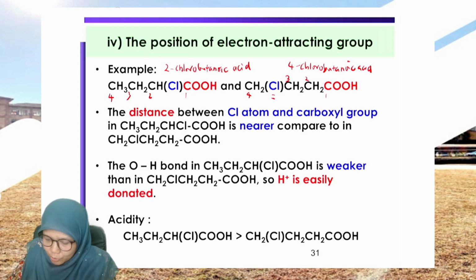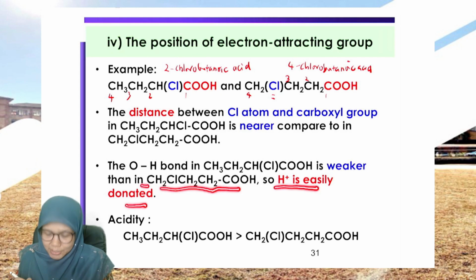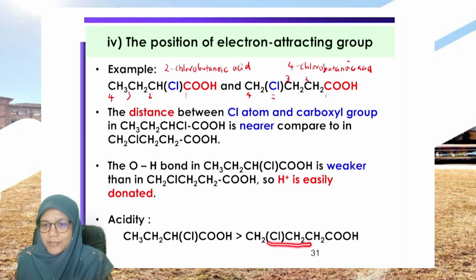Okay. Menyebabkan OH bond in carboxyl group tu lagi lemah lah. Okay. So, the OH bond in 2-chlorobutanoic acid is weaker than in 4-chlorobutanoic acid. So, H plus is easily donated. Okay, so acidity of 2-chlorobutanoic acid more acidic compared to 4-chlorobutanoic acid.